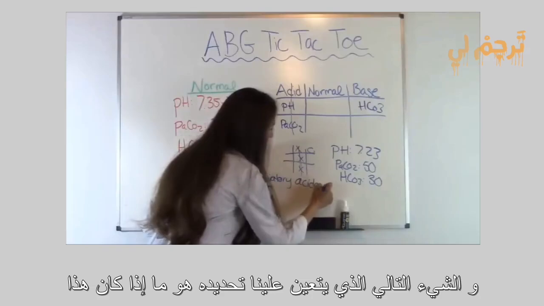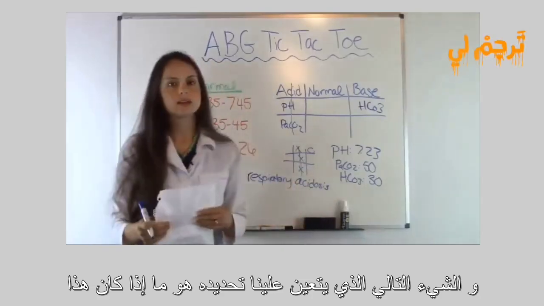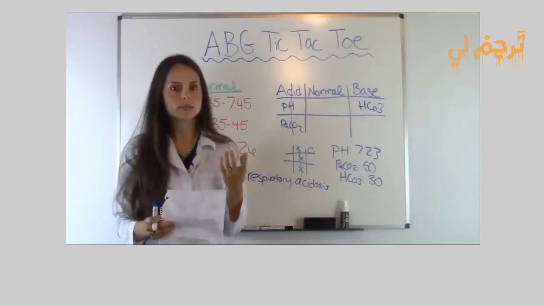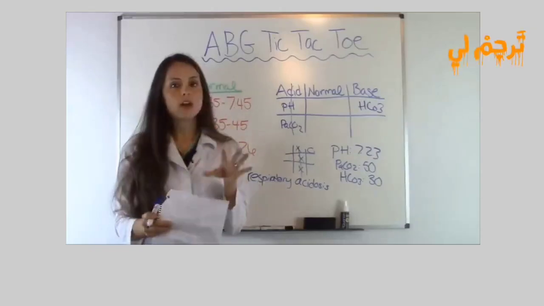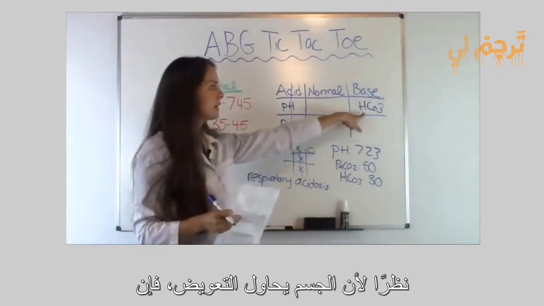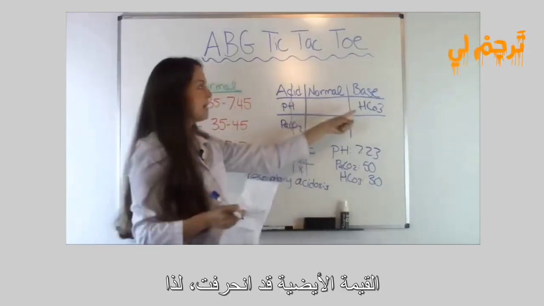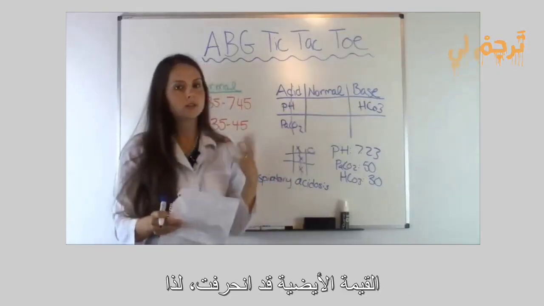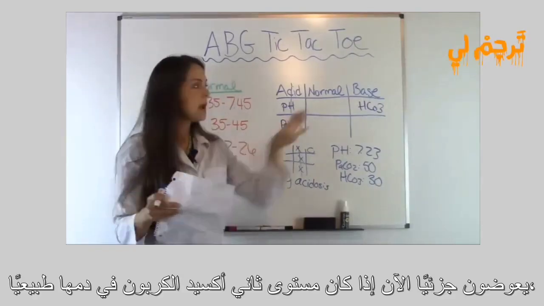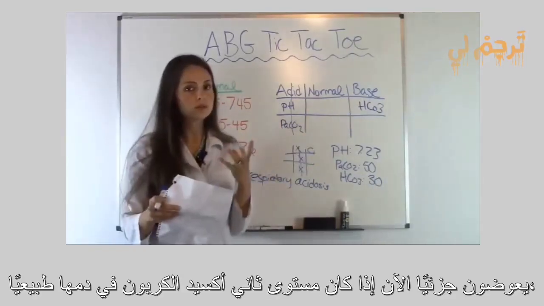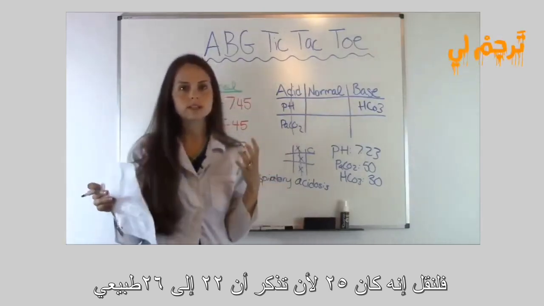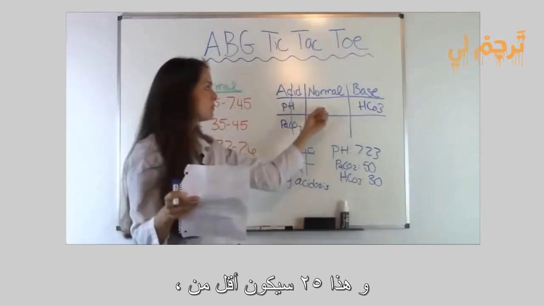Next thing we have to determine is, is this patient compensating or are they uncompensated? They are partially compensated, and this is how I know that. Because the body is trying to compensate, the metabolic value is thrown off, so it's not normal, so they're partially compensating. Now, if our HCO3 was normal, say it was 25, because remember 22 to 26 is normal, it would be in the normal range.